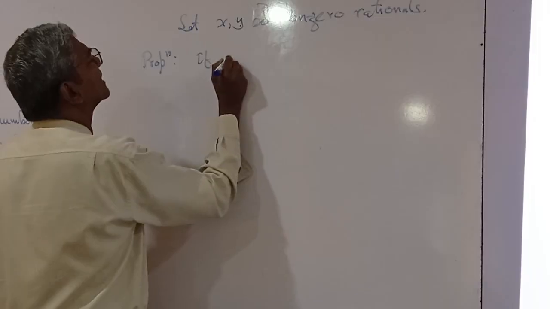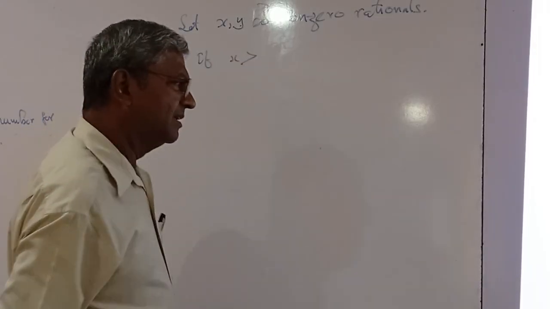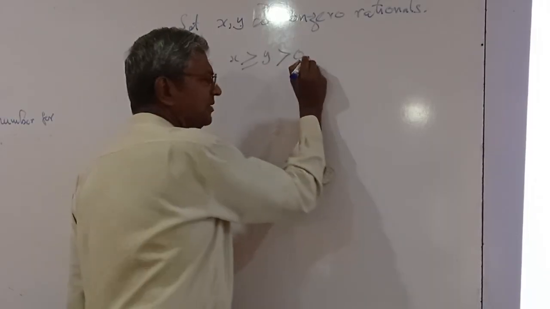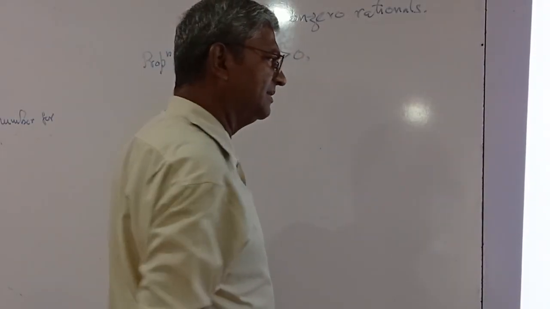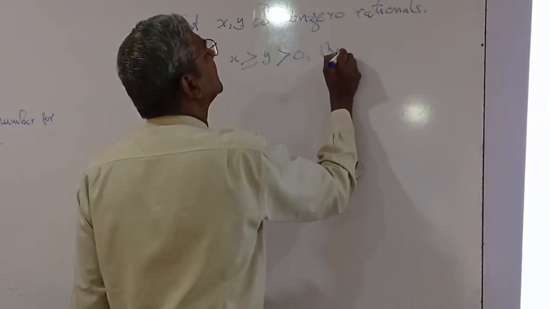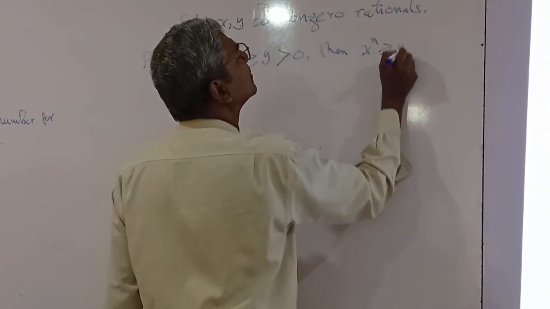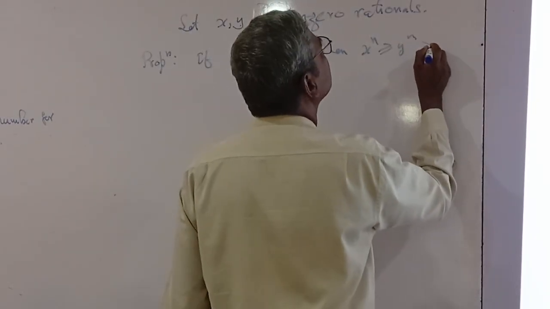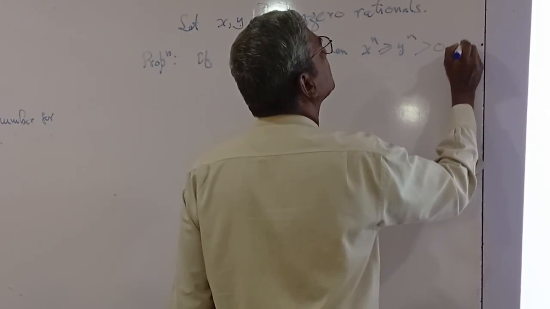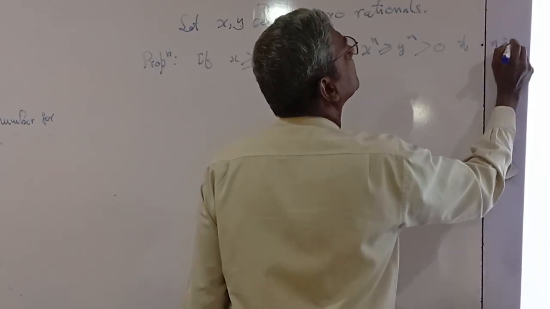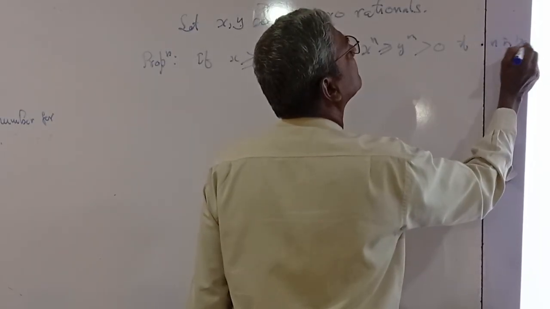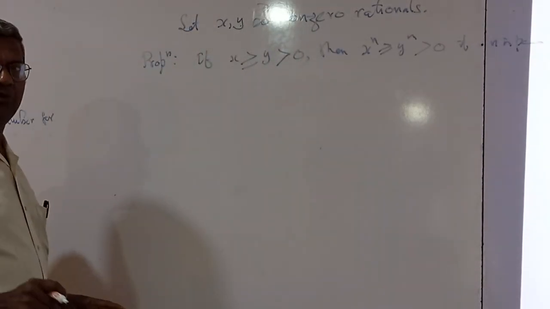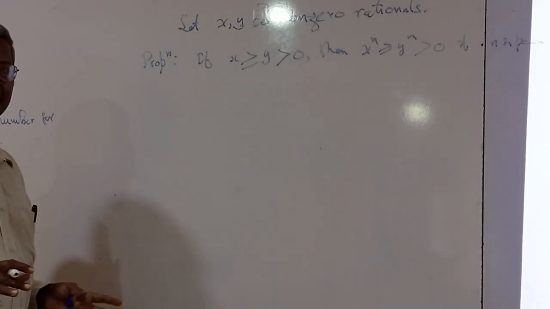If x is greater than or equal to y greater than 0, then, this part only, x to the n is greater than or equal to y to the n, which is greater than 0, if n is positive. I am not asking how to prove this thing.